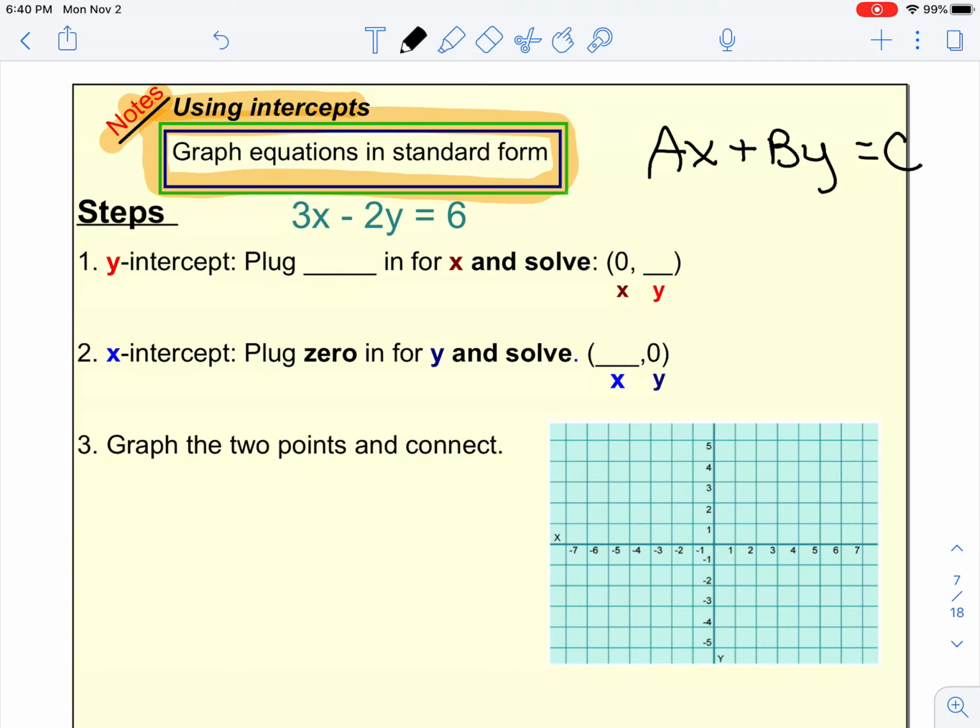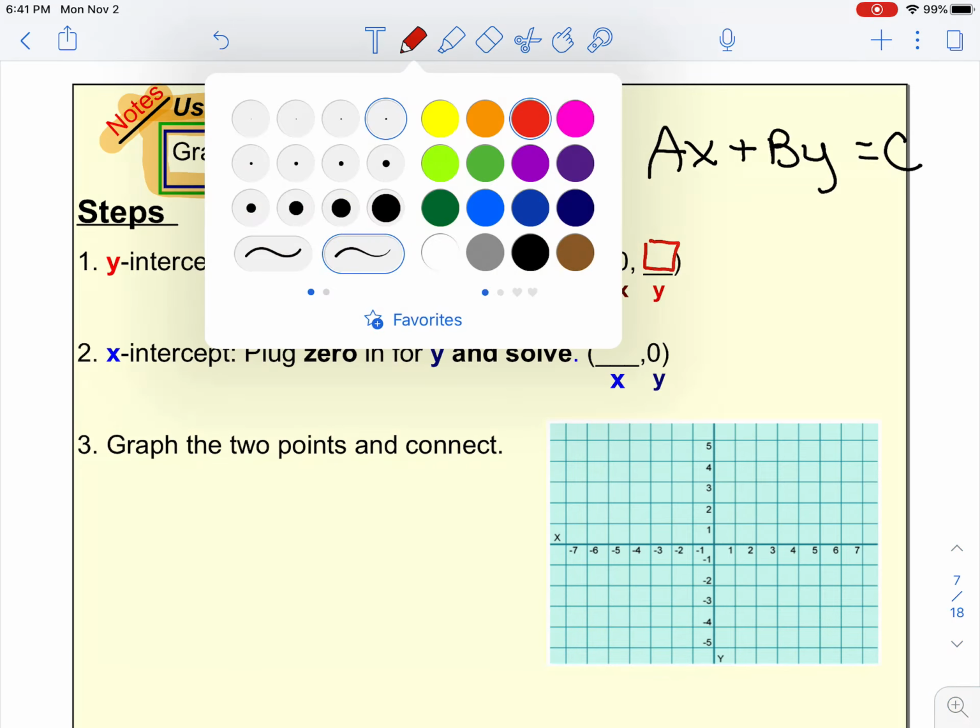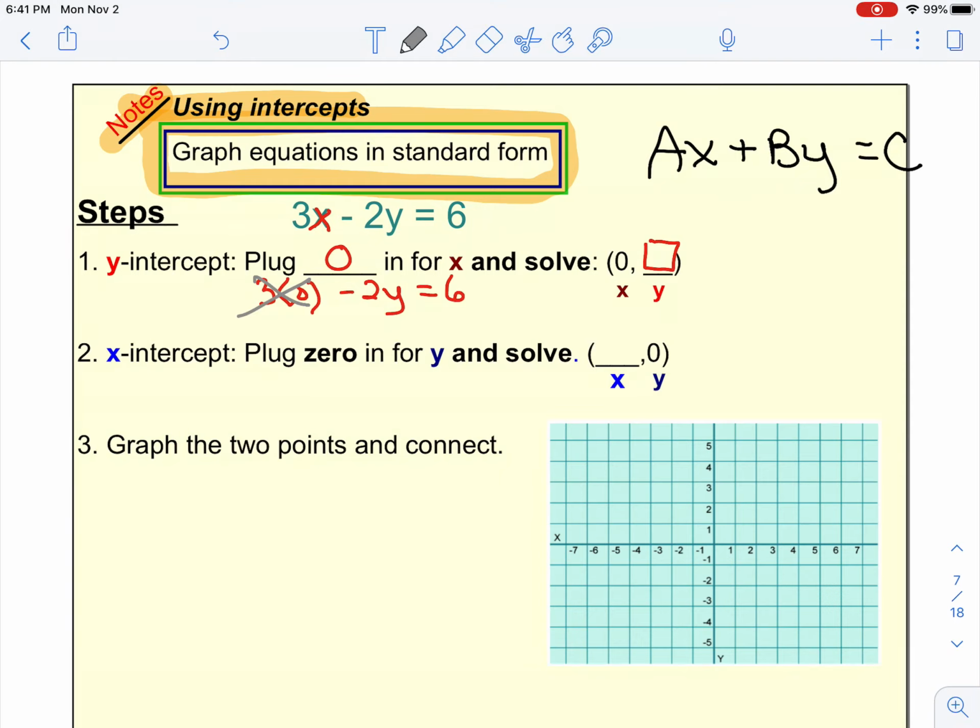So to find the y-intercept, remember it's the y value right here when x is 0. So to find the y-intercept, we're going to plug 0 in for x and then solve. So if I plug 0 in here for x, this would become 3 times 0 minus 2y equals 6. Well, 3 times 0 is just 0. So 0 minus 2y, that just cancels out.